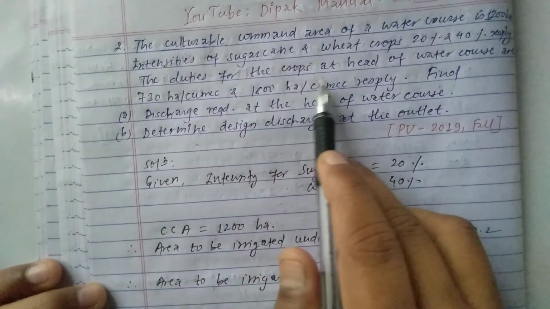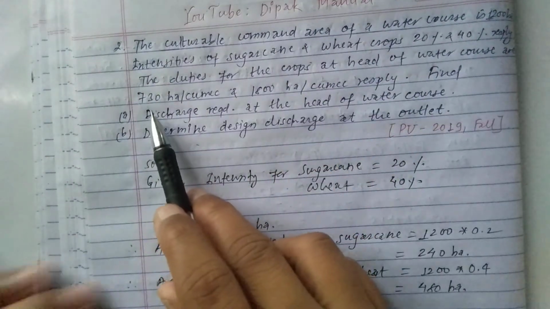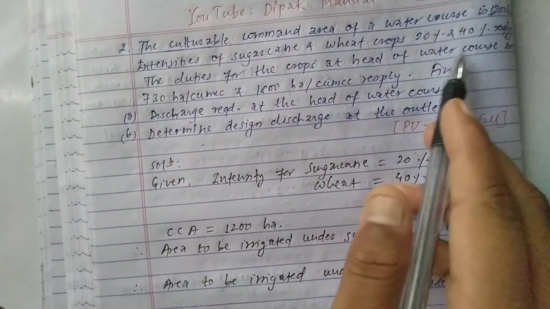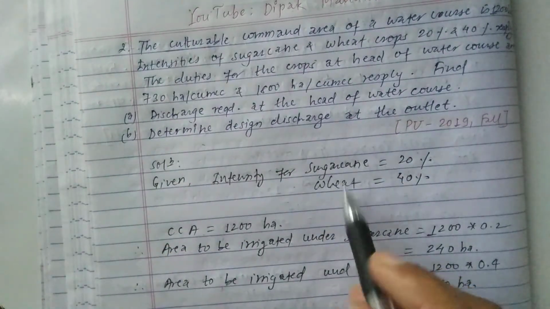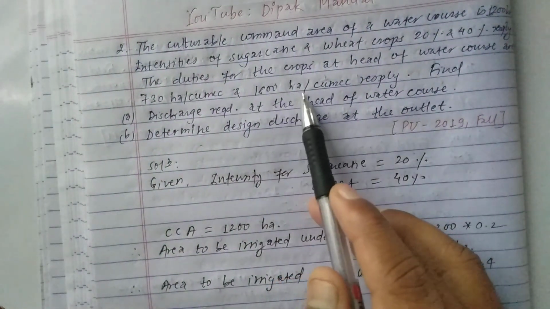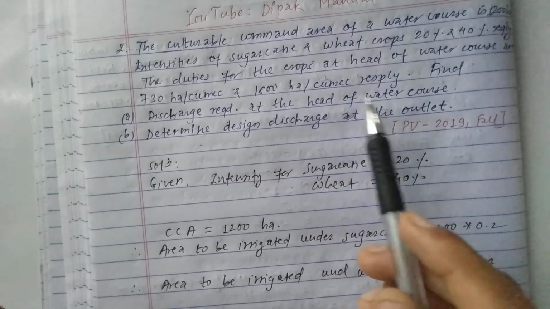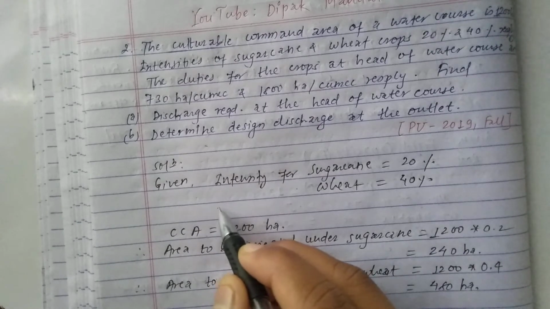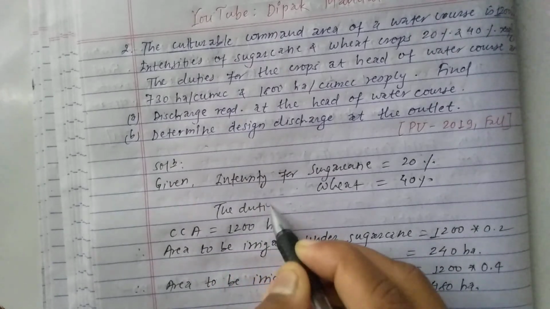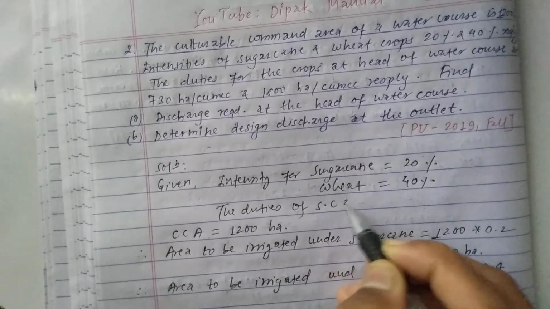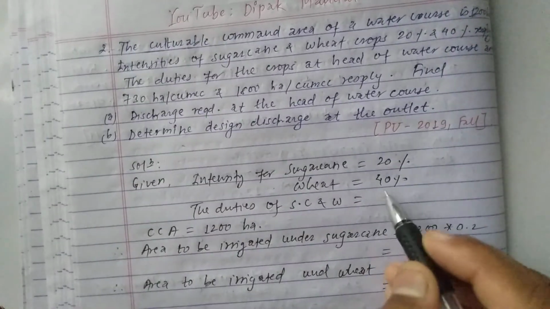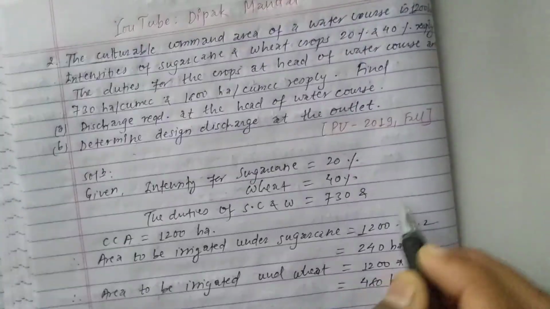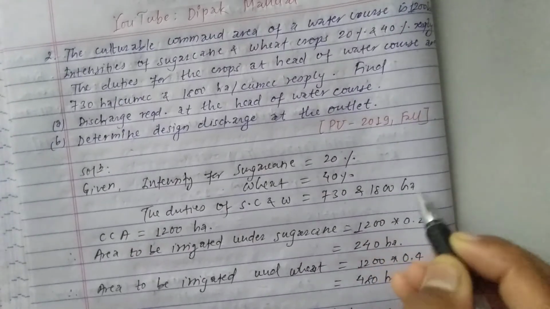The duties for the crops at the head of the water course are 730 hectare per cumec and 1800 hectare per cumec respectively for sugarcane and wheat. So we just write here the duties of sugarcane and wheat equal to 730 and 1800 hectare per cumec.